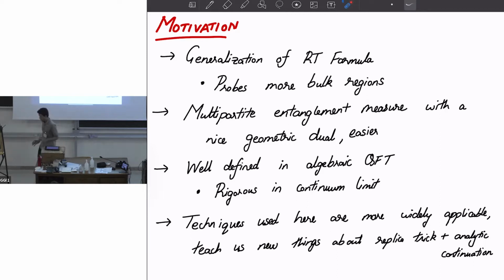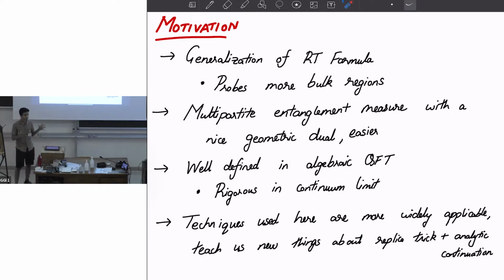More so, what I'm going to talk about here is largely going to use toy models to understand this problem, away from AdS/CFT, but toy models of AdS/CFT that are accurate in some ways. And so the techniques that we use here are pretty widely applicable. The models I'll use will be tensor networks and simple models like JT gravity, which teach us new things about the replica trick.